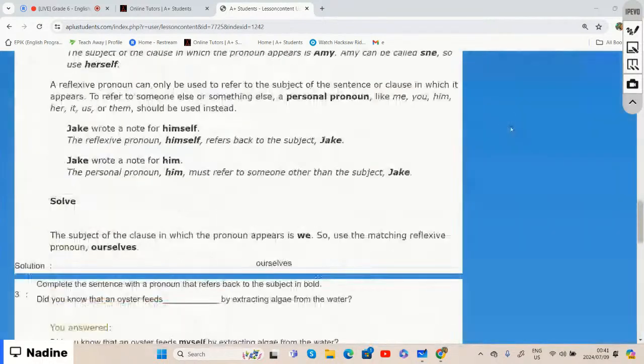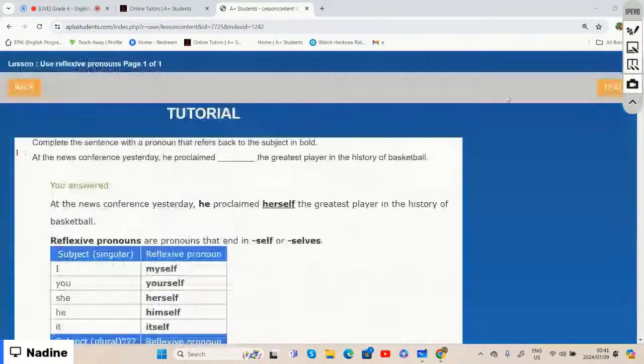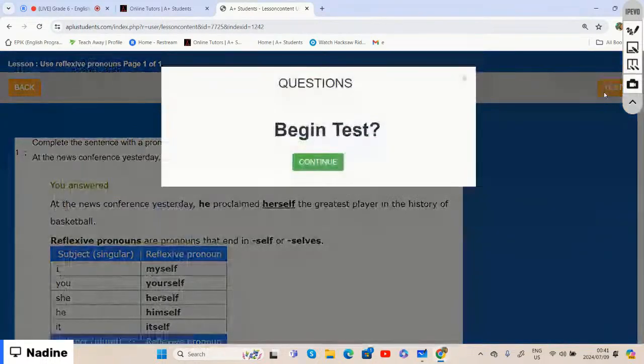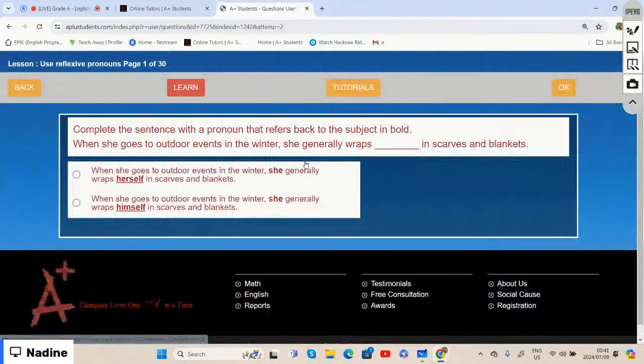All right, so now we're going on to our test where we are going to use reflexive pronouns. And remember, with reflexive pronouns, we're referring to a singular subject, which ends with self, and a plural subject ends with selves. So we need to complete the sentence with a pronoun that refers back to the subject in bold.